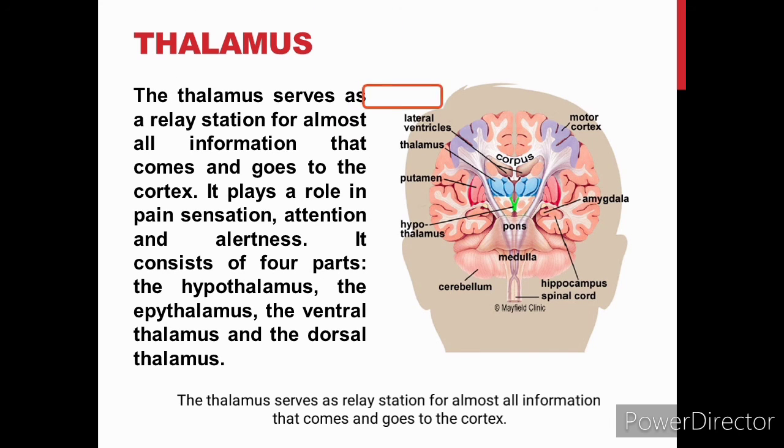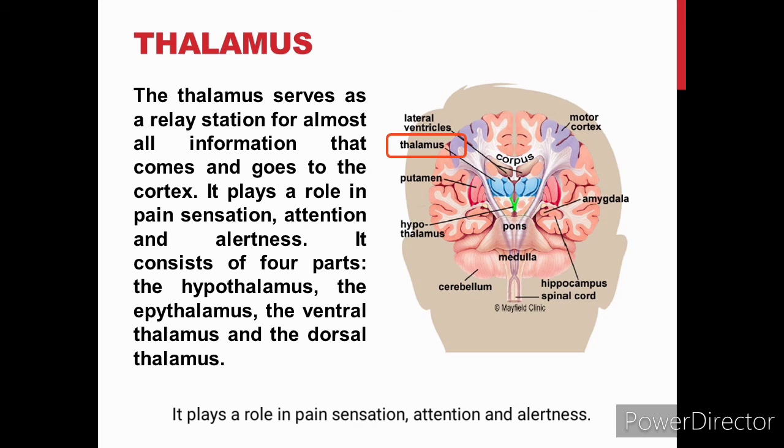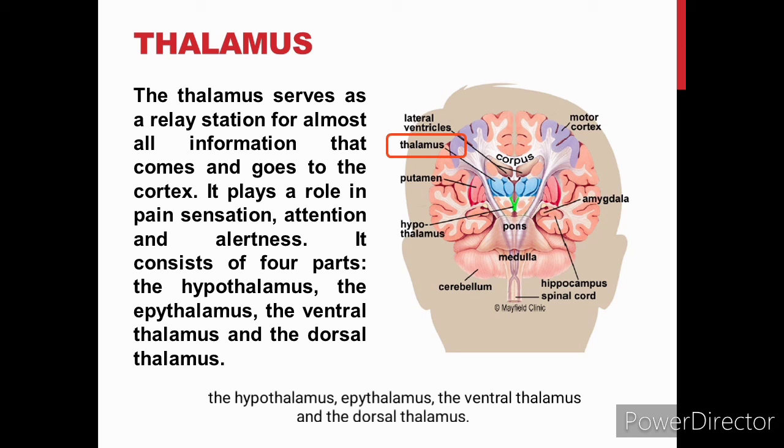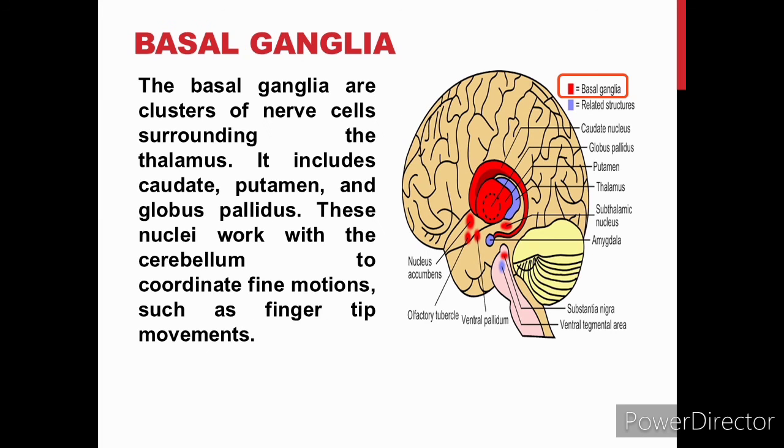The thalamus serves as a relay station for almost all information that comes and goes to the cortex. It plays a role in pain sensation, attention, and alertness. It consists of four parts: the hypothalamus, epithalamus, the ventral thalamus, and the dorsal thalamus.